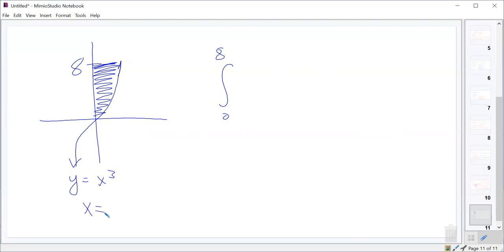So x will equal the cube root of y, or y to the 1/3, whichever way you want to put it. Either one's good. And so we're going to integrate from 0 to 8, y to the 1/3 dy. There's just the one function here this time. There's no other function because we're going towards the y-axis. You all good with that here in person? Are y'all good with that at home?